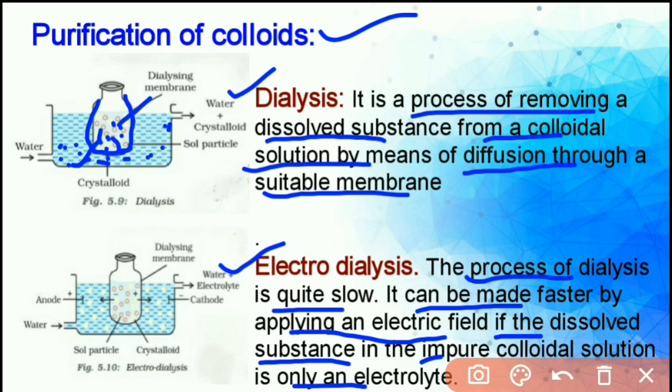So with the same arrangement, only the electric field is applied in the water bath, and then the process of passing the impurity through the membrane is faster, and we can purify the colloidal solution by this electrodialysis process.